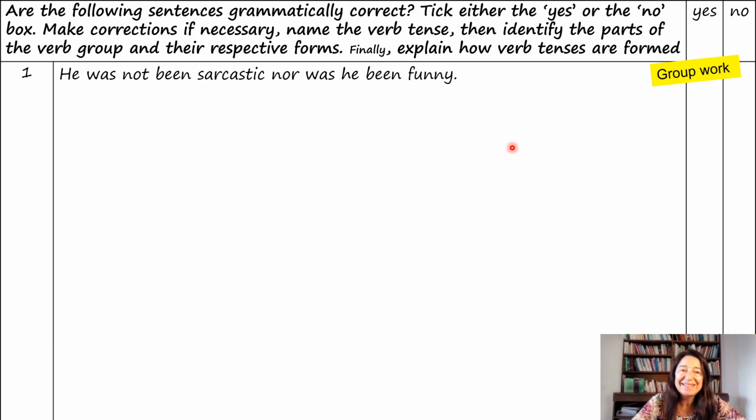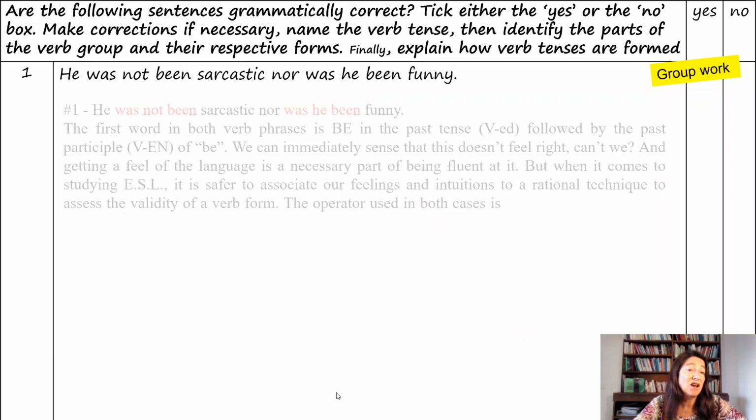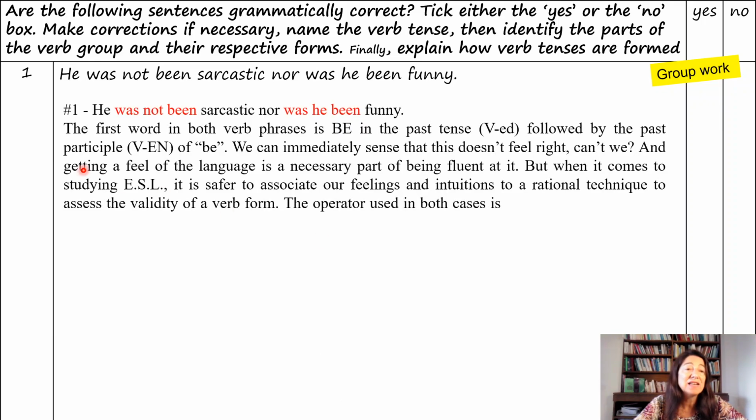So in this case, there are two verb phrases, was not been and was he been, or was been rather, because he's the subject. And is this correct or not? Well, actually it is not. So what do we have here? Well, what we have here is be, which is conjugated in what tense? Well, that is the past tense, right?